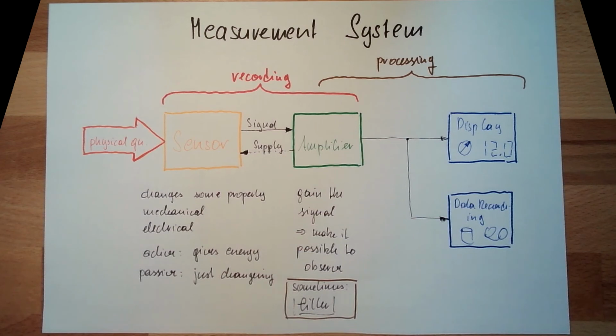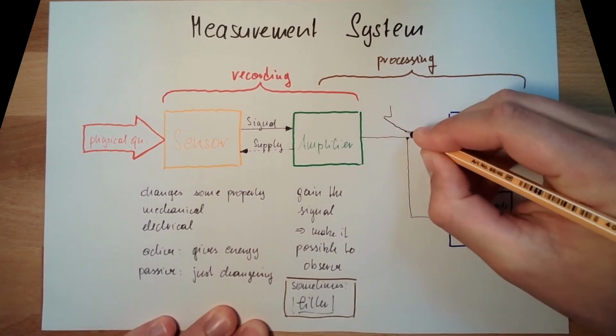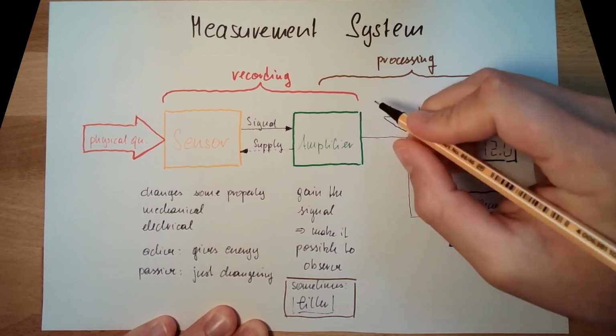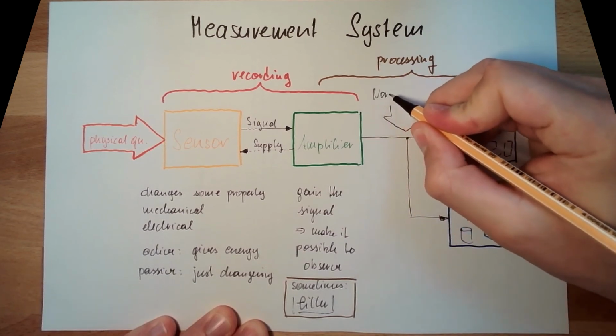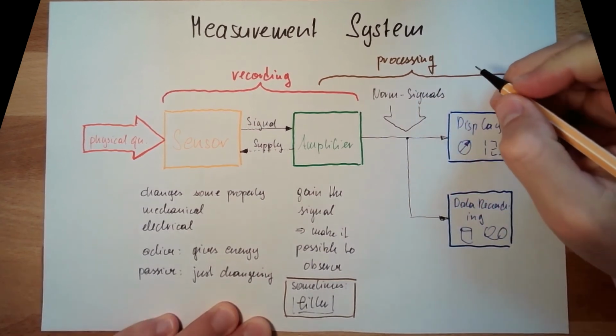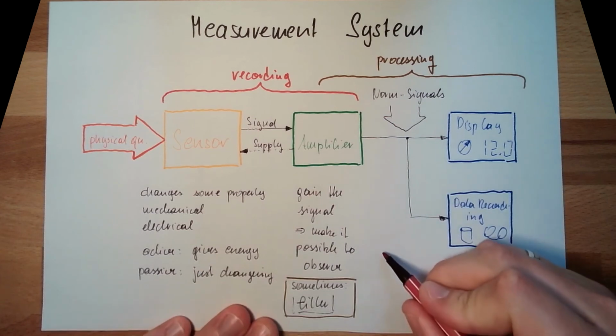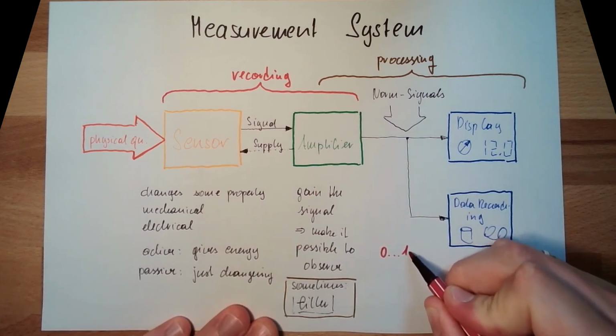These signals here, they're usually norm signals. There are several signals defined, for instance 0 to 10 volt.